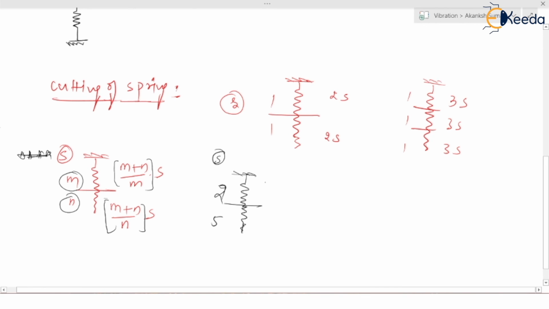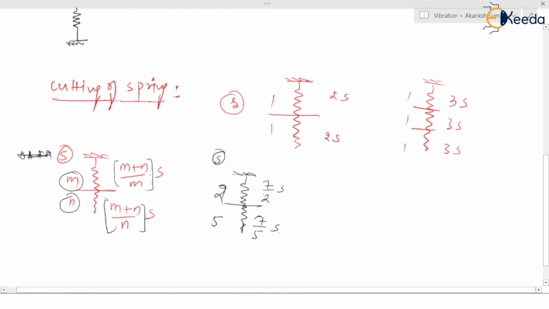For the upper spring, the stiffness would be 7 by 2 s, where 7 means 5 plus 2, and for the lower spring the stiffness would be 7 by 5 s. This is the method for finding the stiffness after cutting a spring.